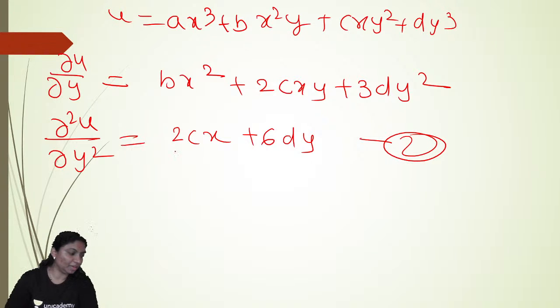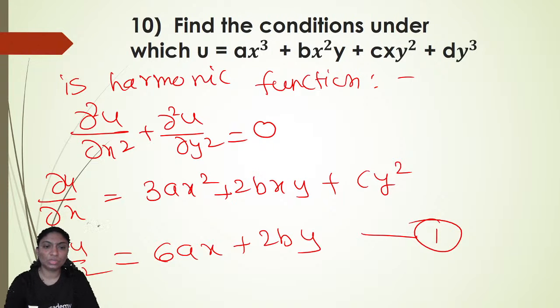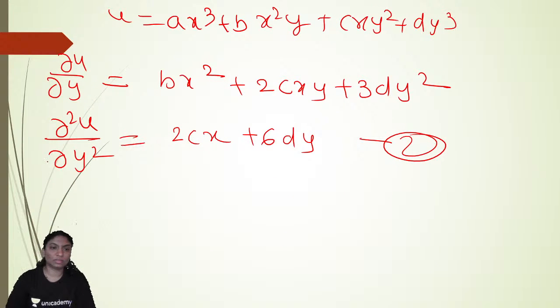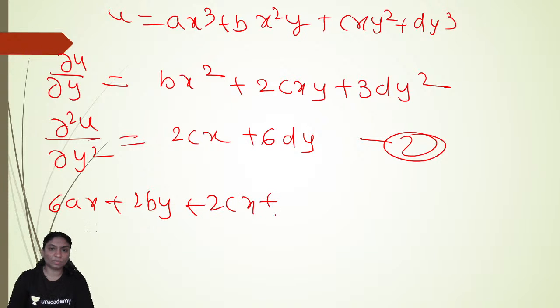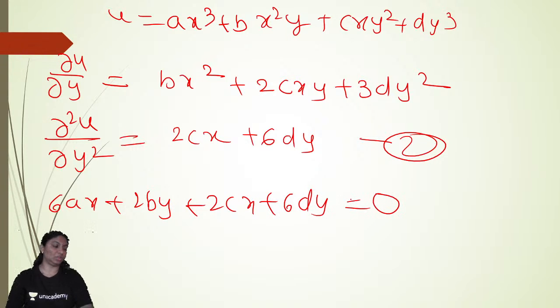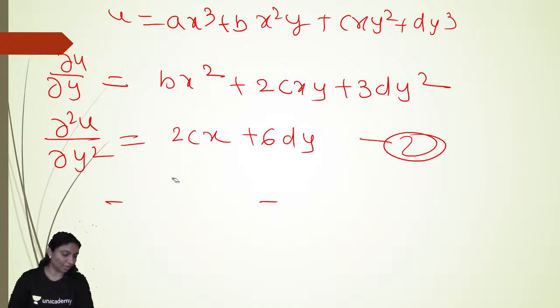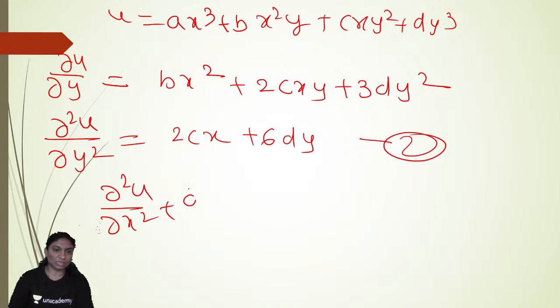Now adding equations 1 and 2, we will get 6ax plus 2by plus 2cx plus 6dy is equal to 0. Okay, as we know that it is harmonic, delta square u upon delta x square plus delta square u upon delta y square is equal to 0.